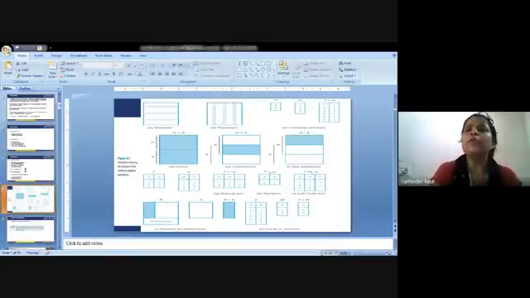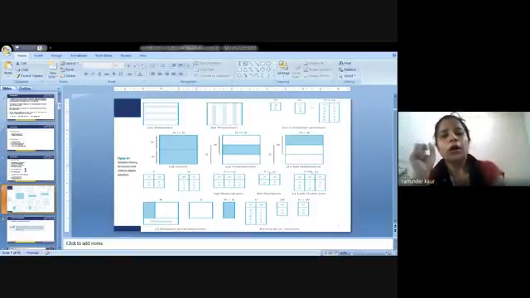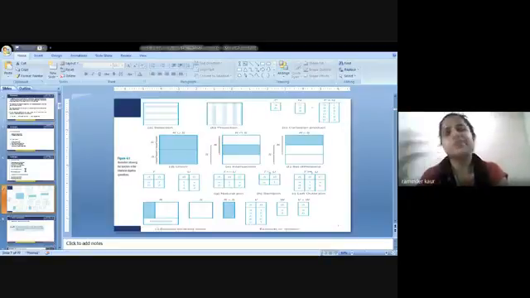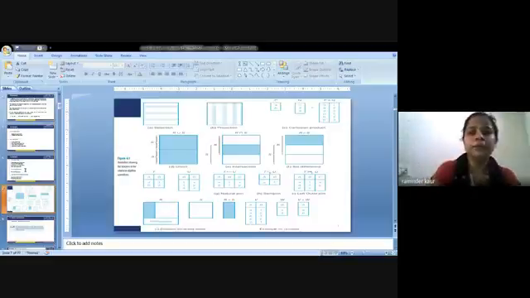You are supposed to perform a join on the employee and salary tables and select employee name, salary. Write down the query: select employee name, salary from employee join salary. So you are supposed to tell me the result of this query. What will be the result of this query?